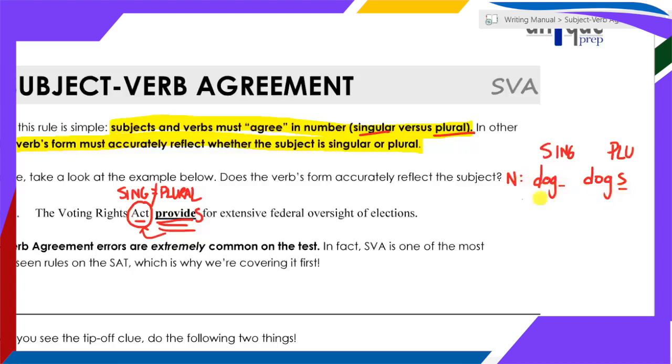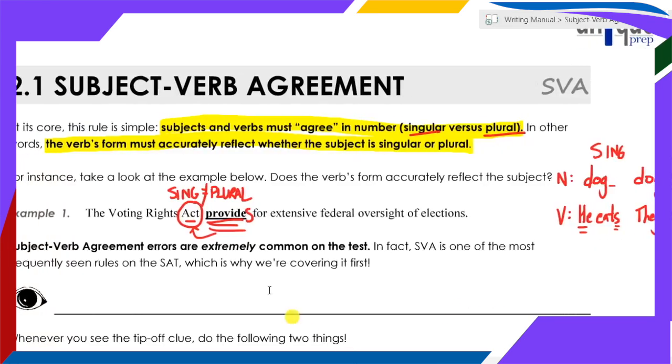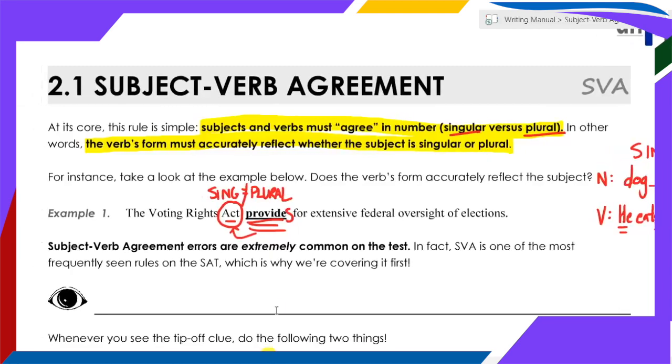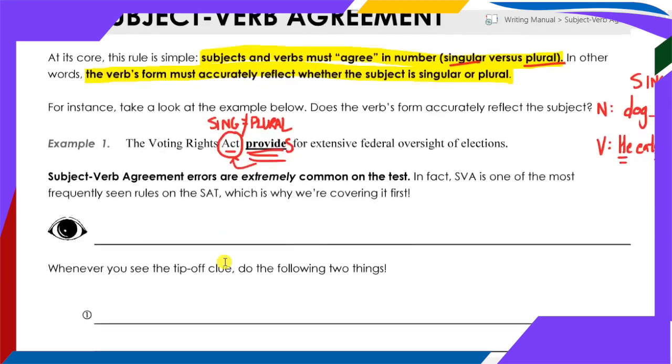No S to an S. In our verbs, and again, this can be tricky for some people, we would say something like he eats. Notice that he is singular, and on this singular verb we have this S. When we switch to a plural subject such as they, notice that the S gets dropped. So back to example 1, we had to add an S to make our verb match the singular subject. That can be a little bit tricky for students, but hopefully with practice you can get over any hesitation you have on that issue.